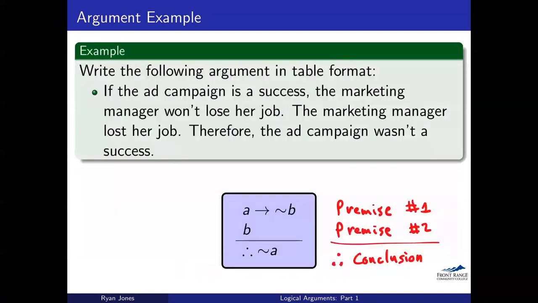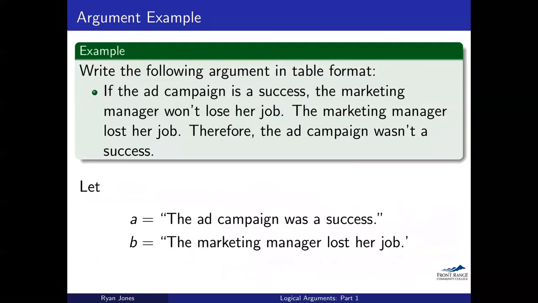Now, let me be clear. Coming back to this original part, I have never told you whether or not the ad campaign was a success. I never told you whether the marketing manager actually lost her job or not. I have never told you whether A and B are true or false.